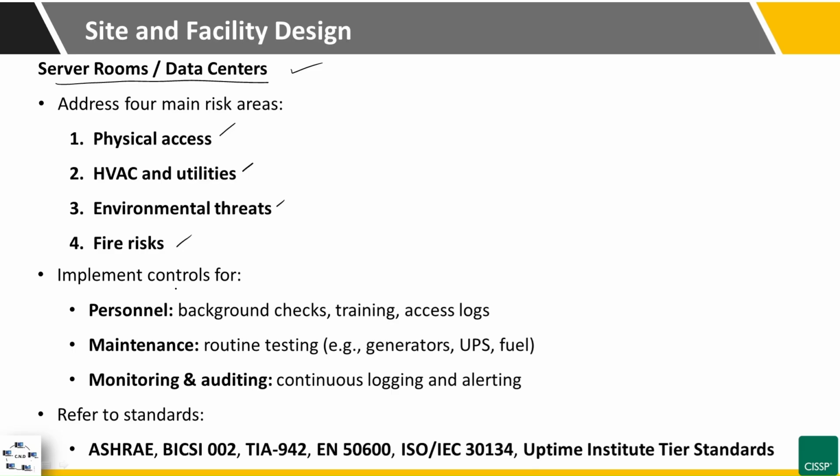Implement controls for personnel. You should always do a background check of the employees before onboarding and before hiring. You should do their training, and you should regularly monitor the access logs to your facilities. Maintenance and routine testing of the HVAC as well as other infrastructure such as the generator, UPS, and fuel should be done.